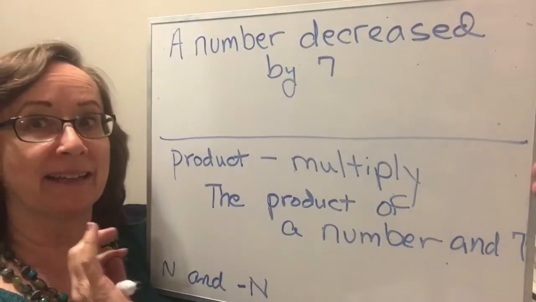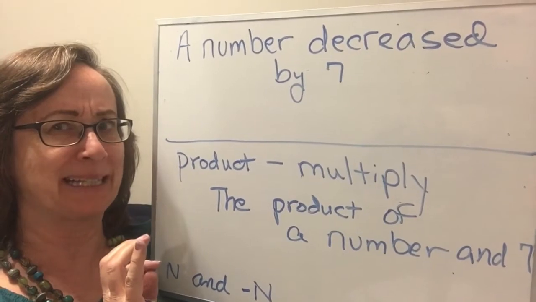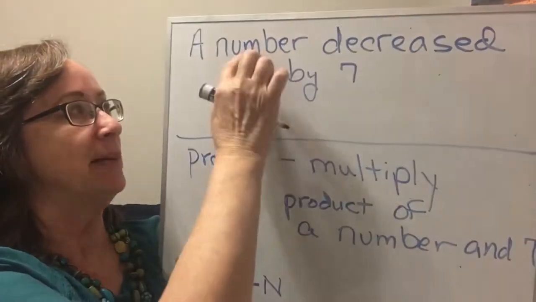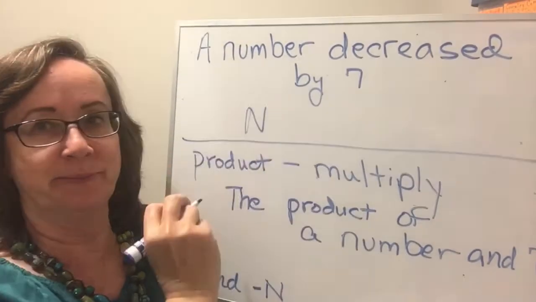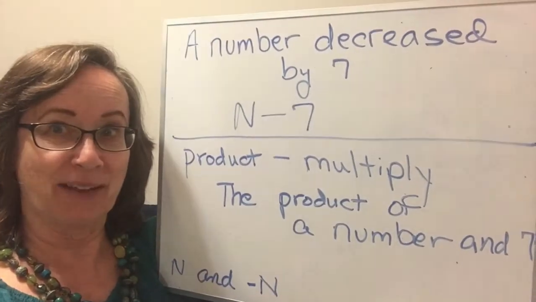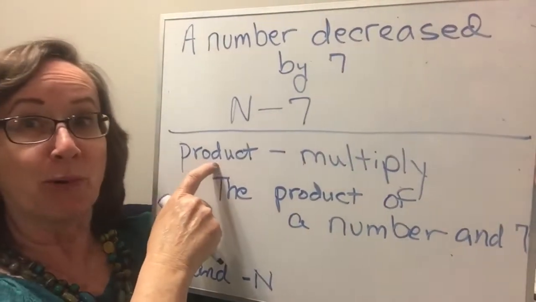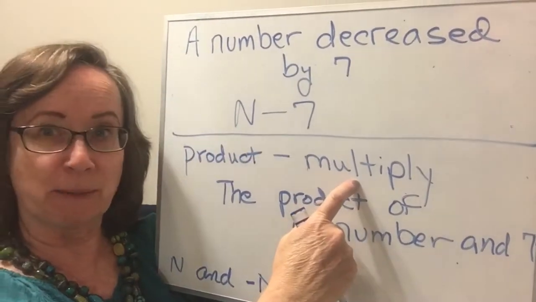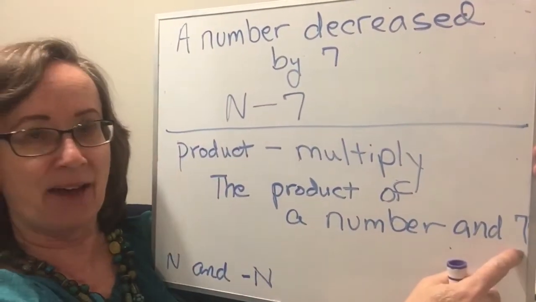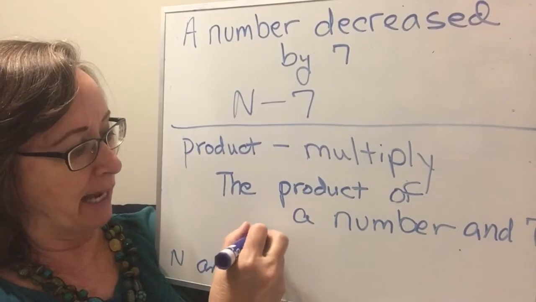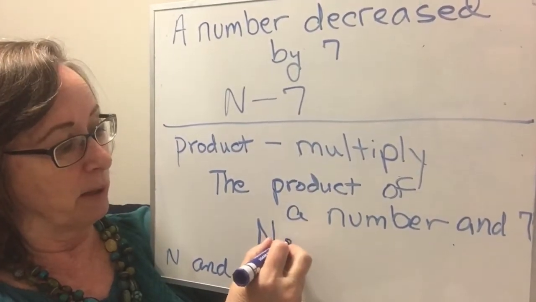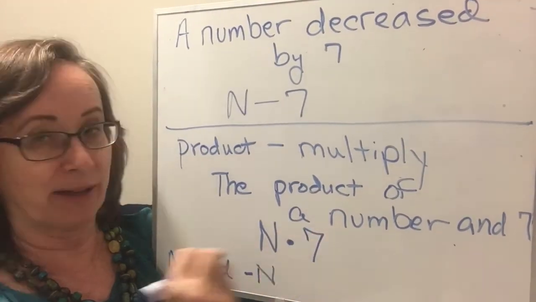Okay, so working a little bit more on things that mean subtraction. A number decreased by 7 means we start with the number and then we decrease it by 7 or take 7 away. A product means to multiply. The product of a number and 7 means that we're going to take the number and then we're going to multiply it by 7.